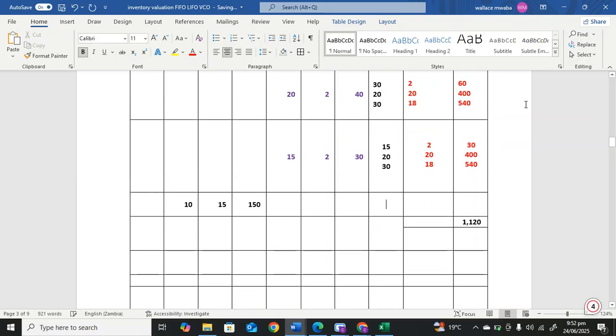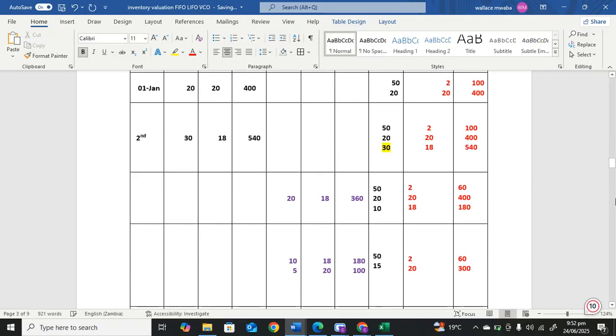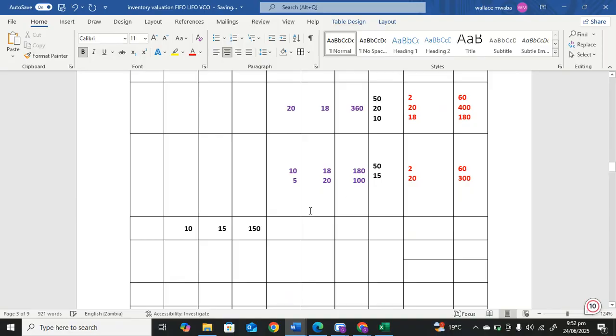Okay, so the last transaction we purchased 10 units at 15 kwacha, so 150 here.